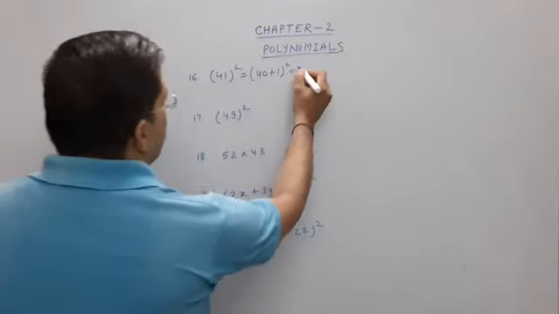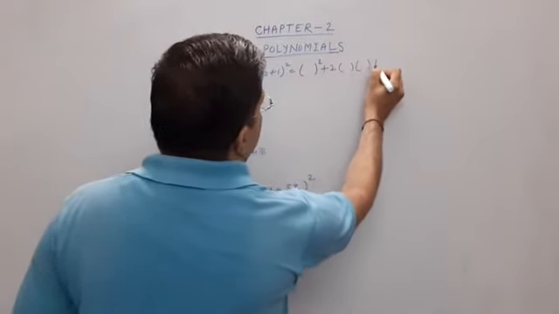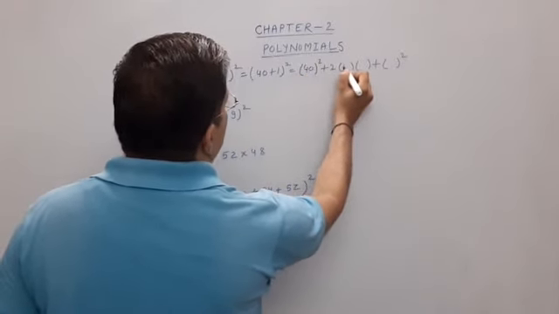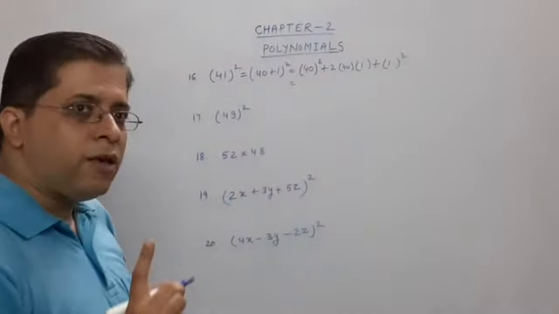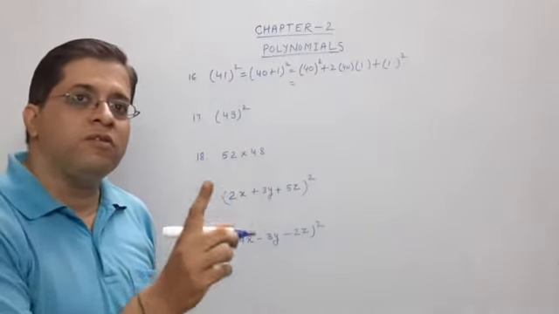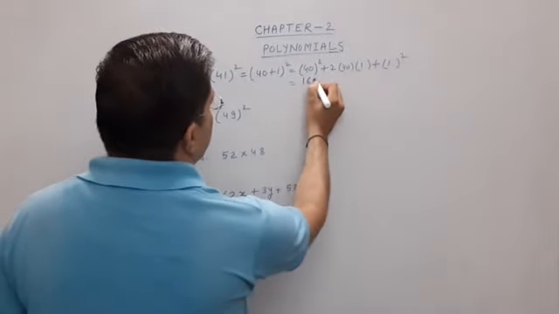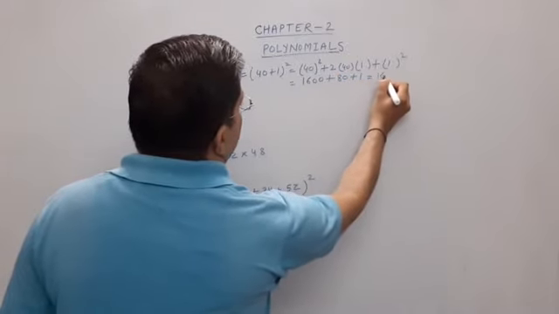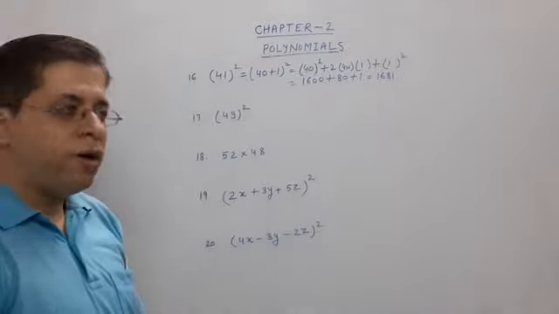Okay, 40, 40, 1, 1. What is square of 40? 40 into 40 is 1600. 40 times 2 is 80 and then 1. 1681. This is the square of 41.